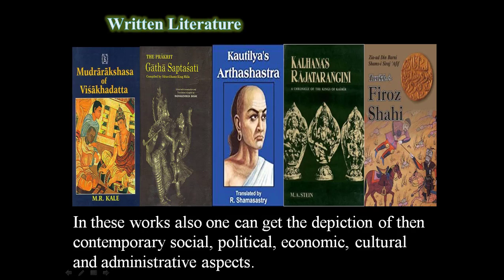That means when these visitors and travelers came to India or visited a particular kingdom, they highlighted in their works what kind of social system, what kind of administration system, and what the economic condition of that kingdom was. So it plays a very important role in getting information from foreign literature.